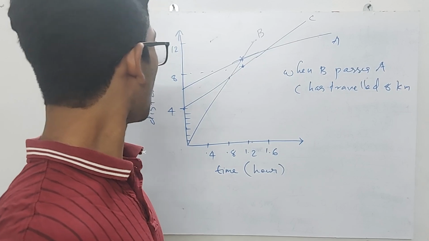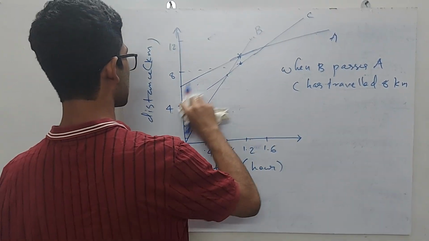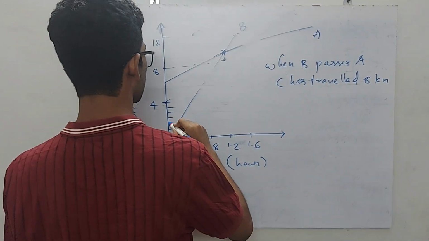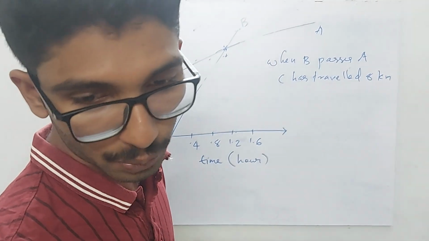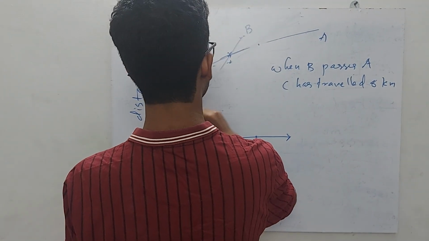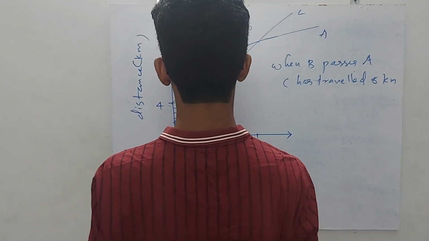Okay, I made another mistake. See, the graph is not like this. That's why I was making mistakes. It's like starting from here, and they are crossing at around 1.6. 1.6 is here. Okay, sorry for that.